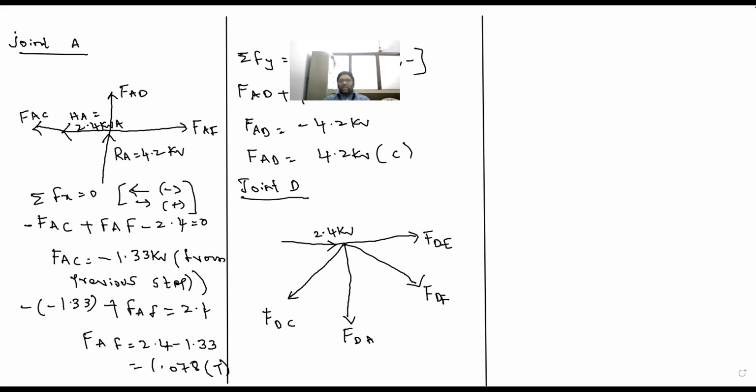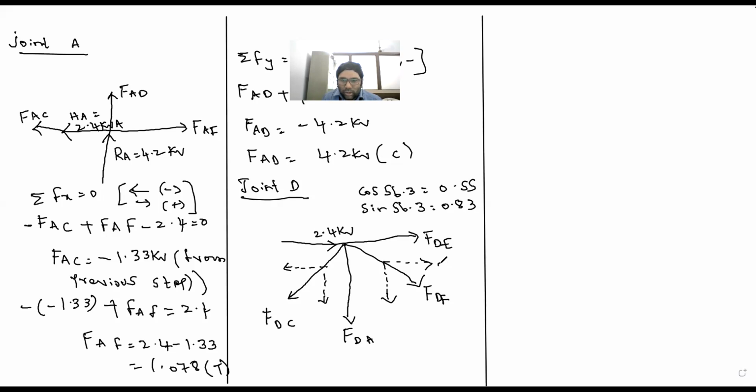Now, how many inclined members do we have? We have two inclined members. Horizontal is cos theta, vertical is sin theta. You can see that here we are resolving this into horizontal and vertical. I am writing for your understanding: cos 56.3 is equal to 0.55 and sin 56.3 is equal to 0.83.